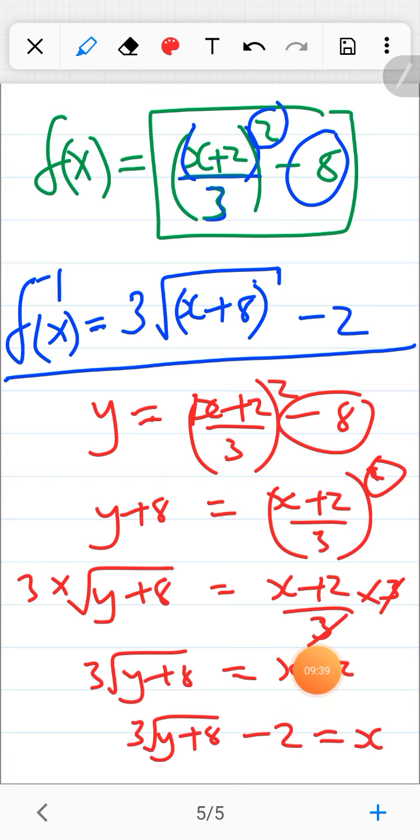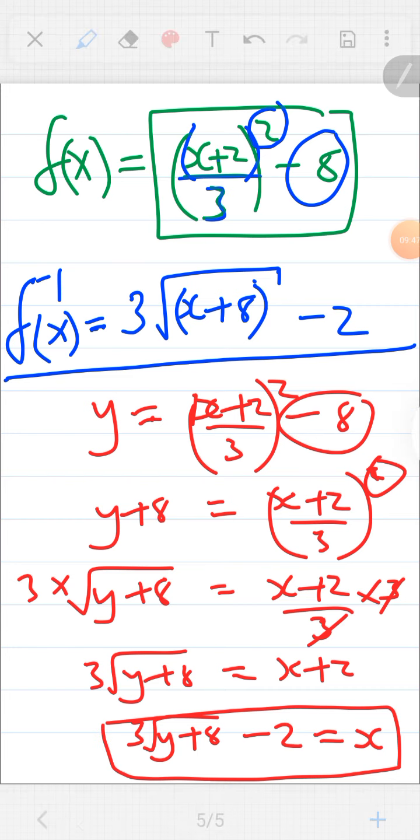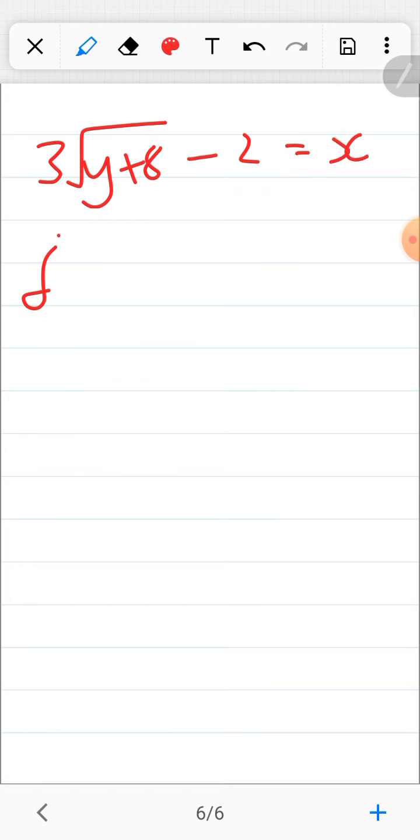And when I have it in that form, and I want to write the inverse function, I would just replace the y with x.